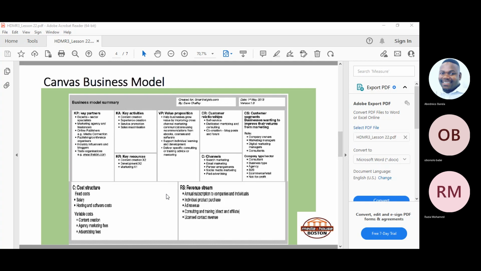And we can segment them also through their gender, through their age, through where they stay. I don't know what's your take on this, Razia.